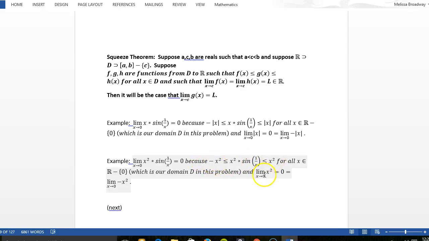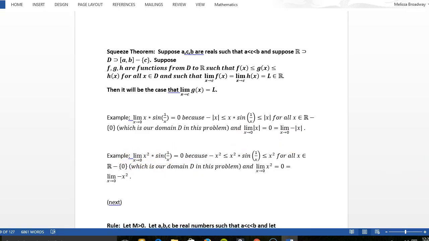And the limit as x goes to 0 of x squared and negative x squared is obviously 0. So they both go to 0 as x goes to 0, so this guy in the middle has to go to 0 by the squeeze theorem. And so we get our final result. Okay, so that's an application of the squeeze theorem.